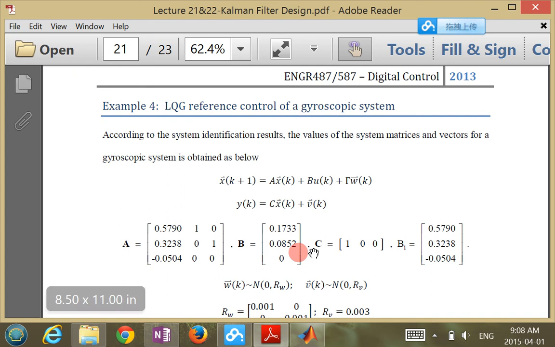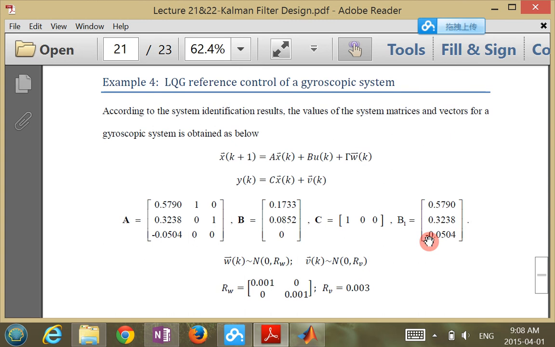The ABC matrix and the other matrices here, what's this B1 here? Remember, they are the matrices from the system identification. So the first step is to do some system identification. That's one of the lectures I hope I can cover before the end of the term.